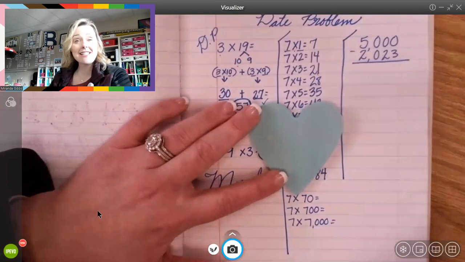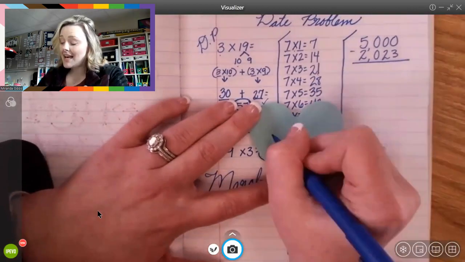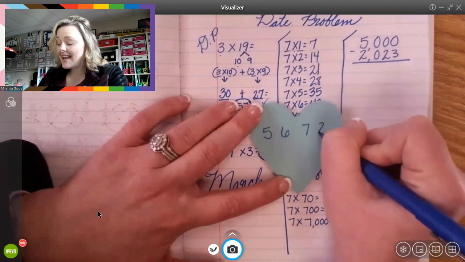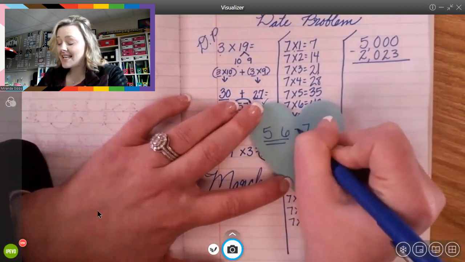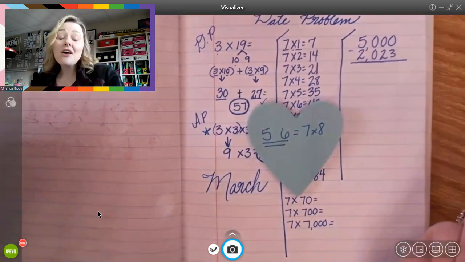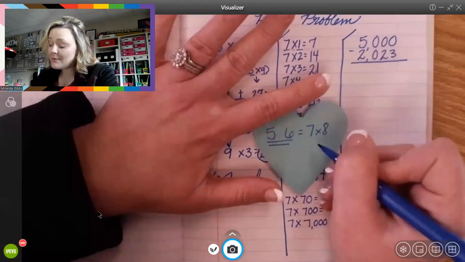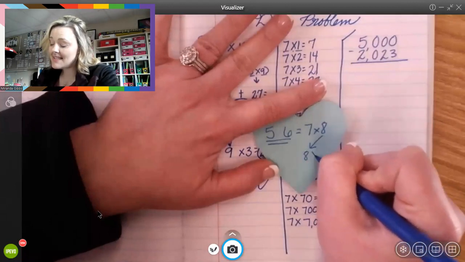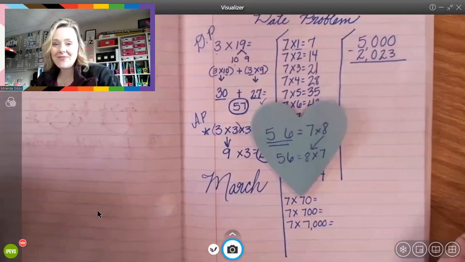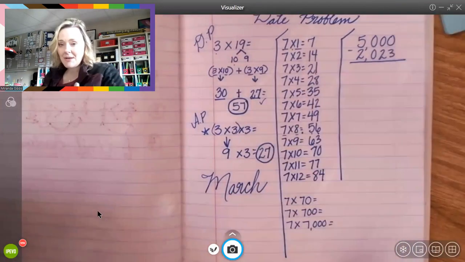It can be written like this if you're trying to remember what 7 times 8 is. 5, 6, 7, 8. 56 is 7 times 8. And we know that we can multiply factors in any order, so it works the same for 8 times 7 is 56. All right, friends, back to our class problem here.